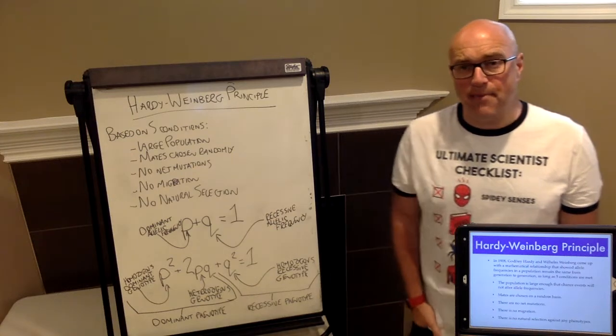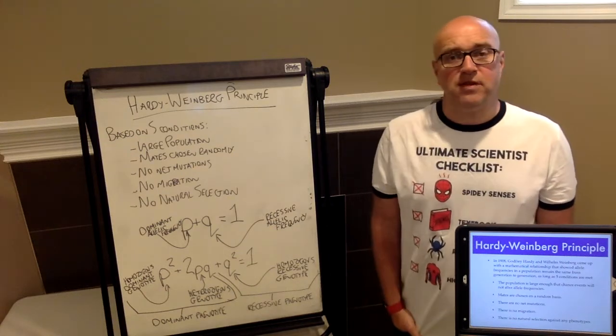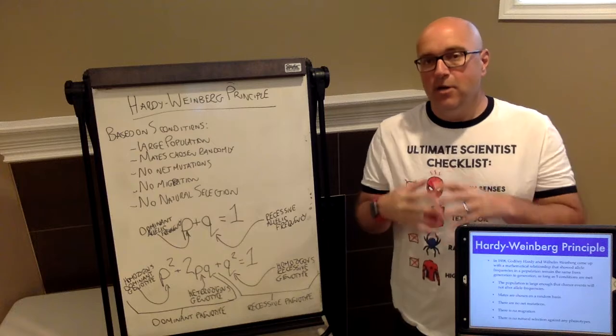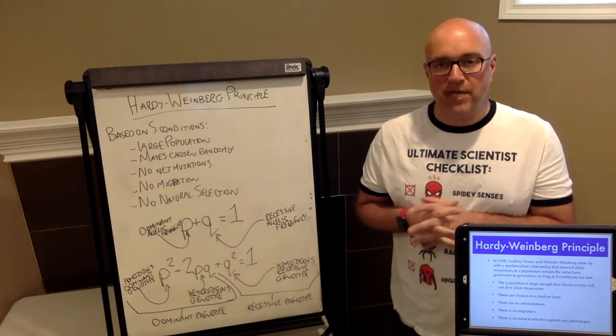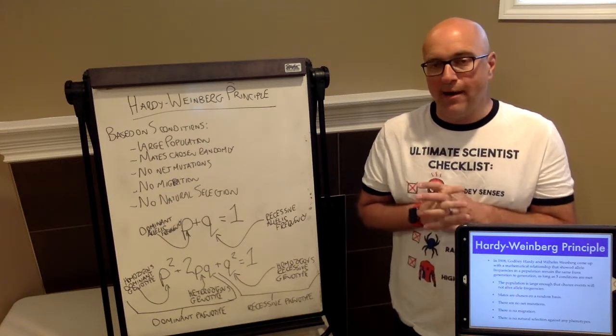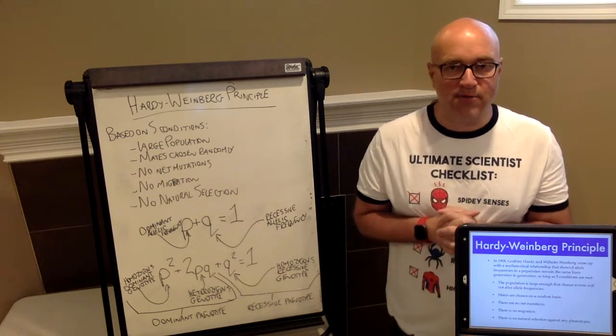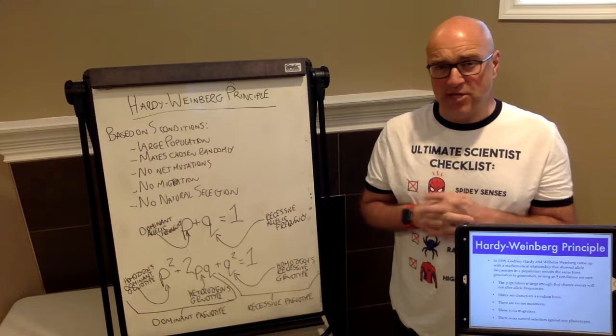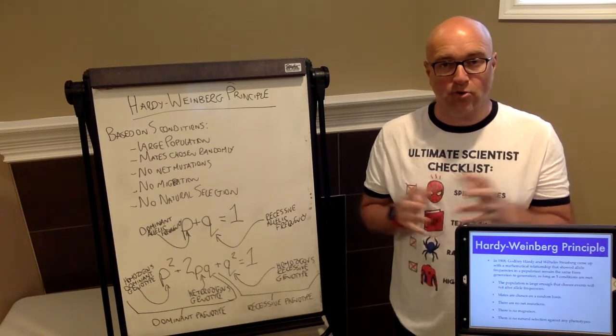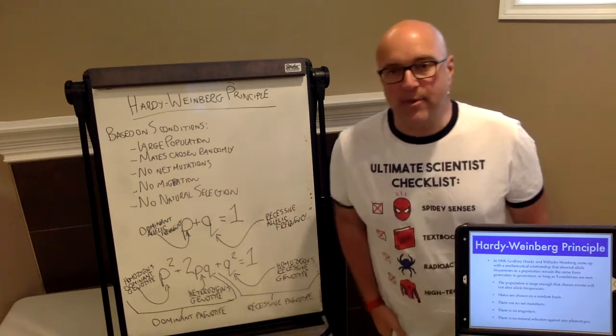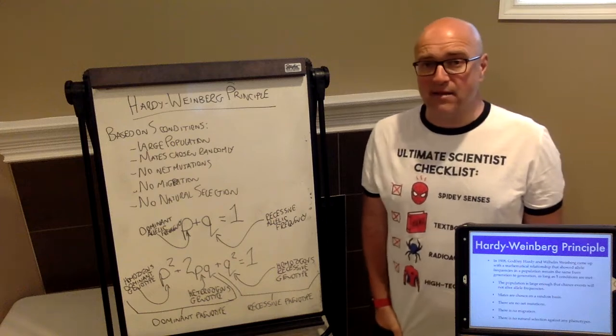There can be no migration. The organisms in that population must be staying put; they can't be moving around. Again, not very likely, but there are populations in the wild that aren't able to migrate. For example, there could be an island population, or populations in isolated areas like the Ngorongoro crater in Africa. You've got populations of lions there that are isolated inside the crater.